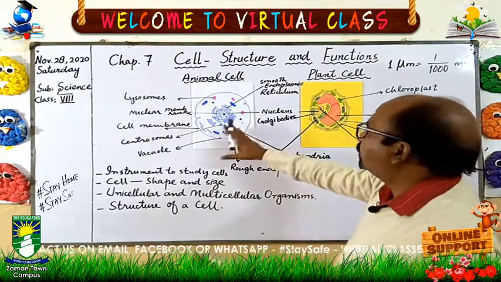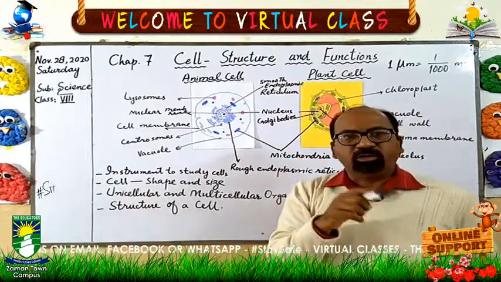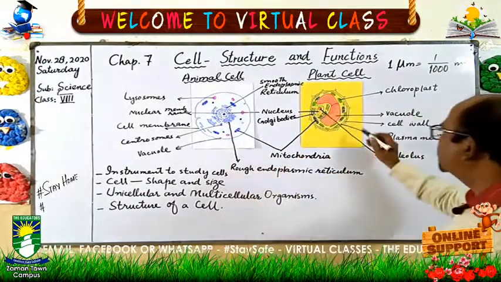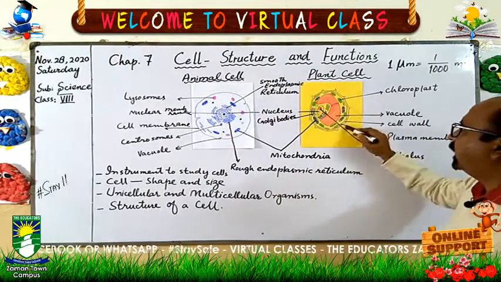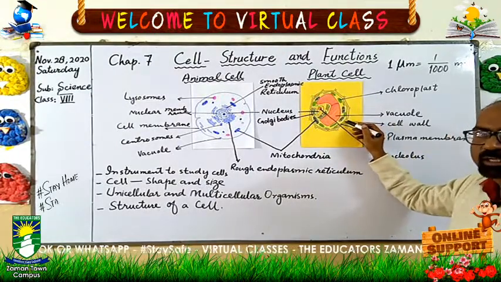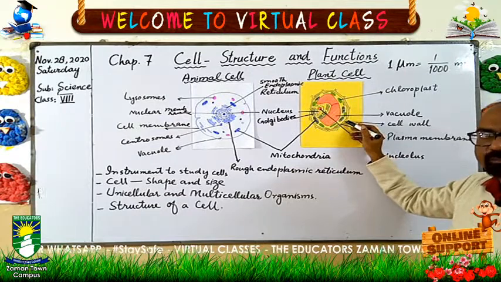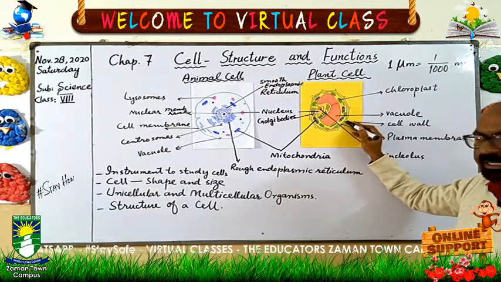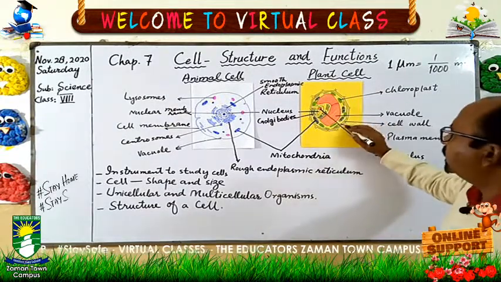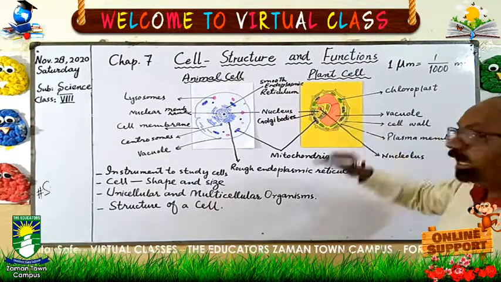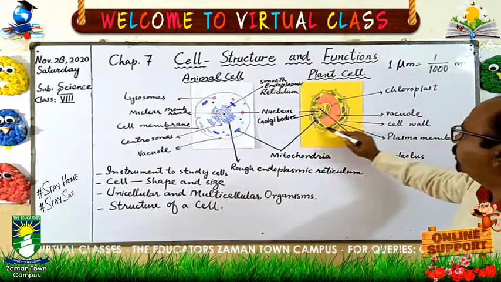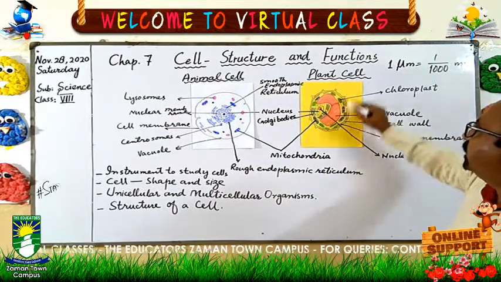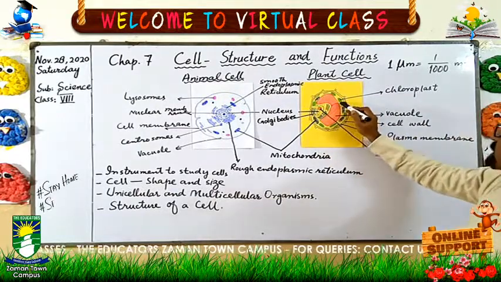So these are a few differences, but the main difference between the plant cell and animal cell is the cell wall. The outer layer of the plant cell is made up of the cell wall. Cell wall is a tough and rigid structure of the cell, and after the cell wall there is a cell membrane. Another bigger difference is the green portion, which is only present in the plant cell. These are called chloroplasts.